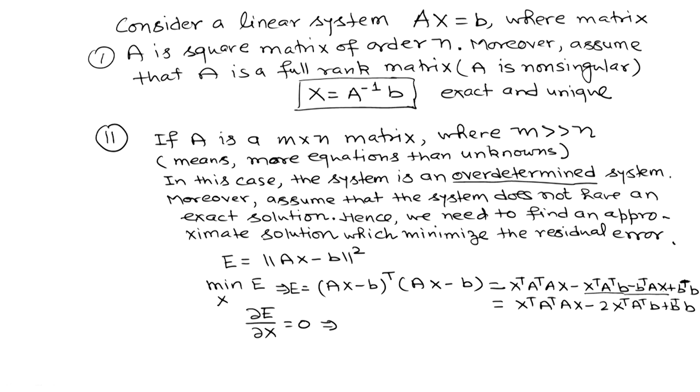Now, del E over del x equals 0 will give twice A transpose A x minus twice A transpose b, and this equals 0. So what I get from here is x equals A transpose A inverse into A transpose into b.